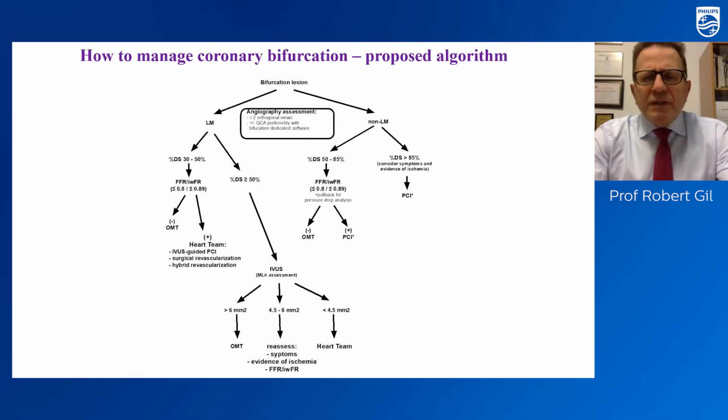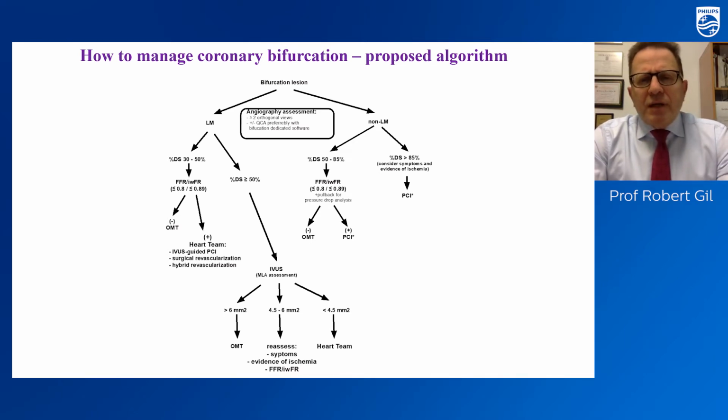This is my second proposal, as a kind of summary of what was already said: with angiographic and then additional invasive diagnostic methods, visualization and functional assessment, we can really discriminate the group of patients with bifurcations that should be treated from those that should not.